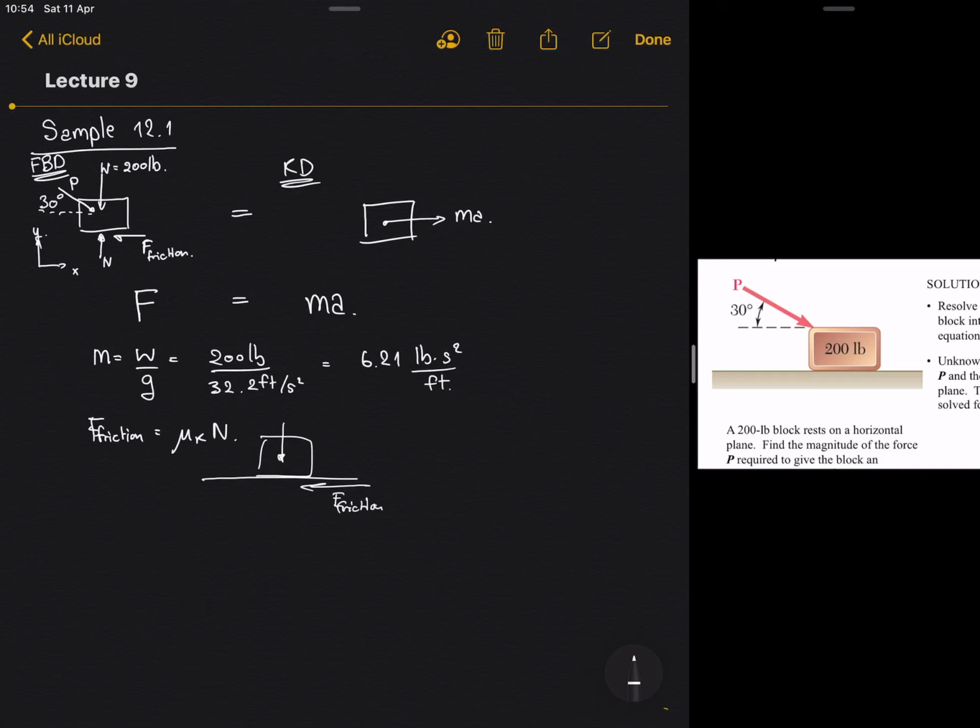So the friction force equals the friction coefficient multiplied by the normal force. For example, if you are moving a box and the box has a lot of weight, it means you have a lot of normal force, then it's harder to move the box. Okay, so this is the logic behind it. So I erase this.